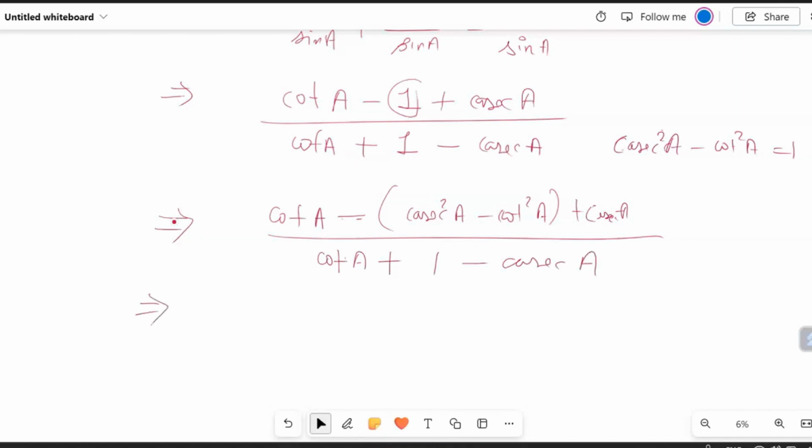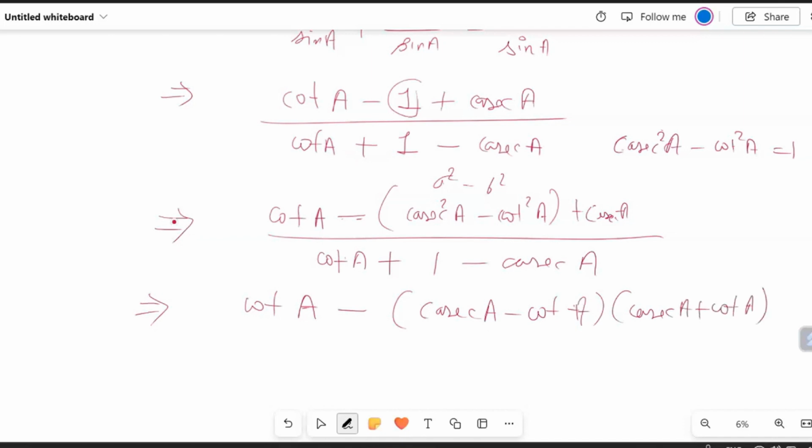Now I can use the identity and open it up. So what it will become, cot A minus A square minus B square, I can use A plus B, A minus B. Now you understand, cosec A minus cot A, cosec A plus cot A. Plus this cot is remaining here.